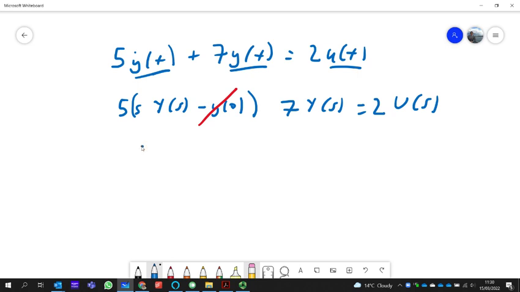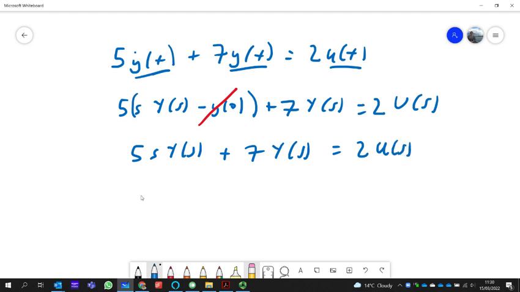So what we are left with now is 5s y of s plus 7y of s equals 2u of s. Now if we take out our factor of y of s, we get y of s, and then 5s plus 7 equals 2u of s.